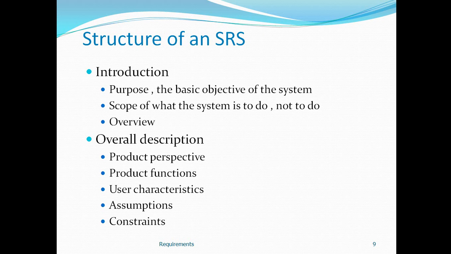And the second is the overall description: the details of the system, the product perspective, the product functions, user characteristics, constraints, design and assumptions, which come under this structure. So the overall description can be defined clearly.